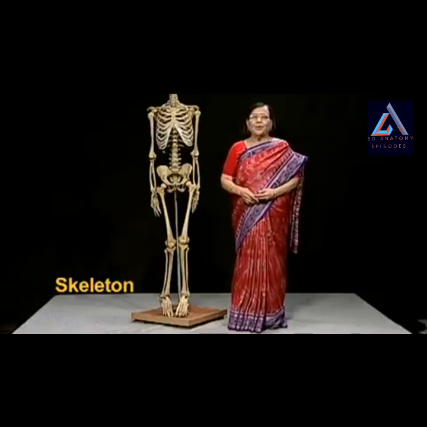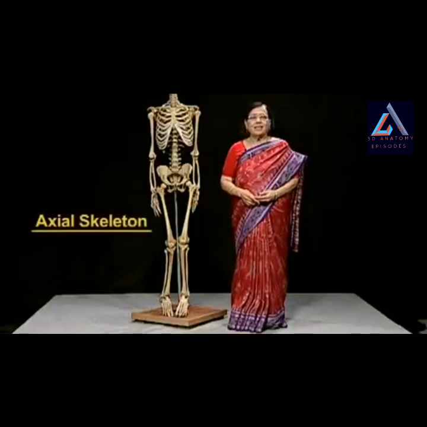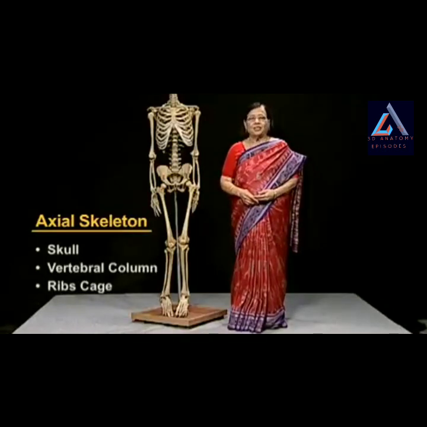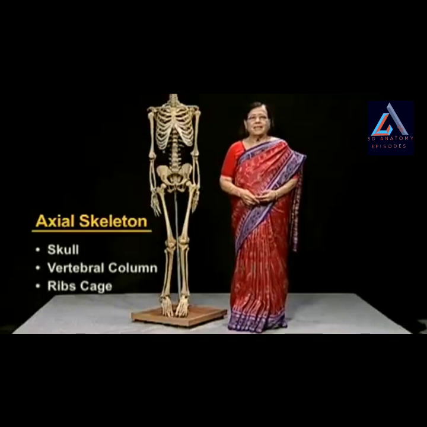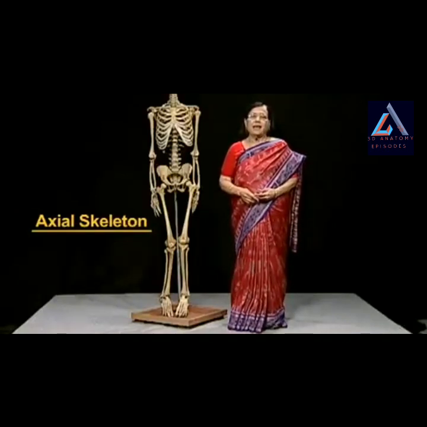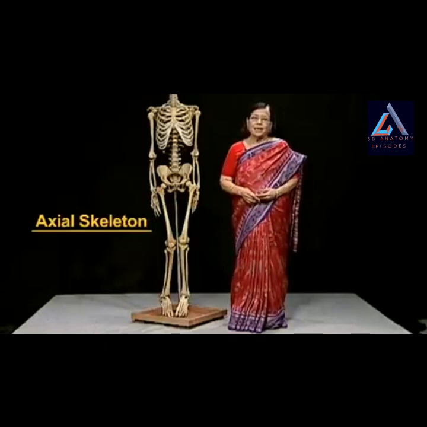As you know, the skeleton has two main divisions: the axial skeleton, which comprises the skull, the vertebral column and the rib cage. As the name indicates, axial means axis. It makes the axis of the body, that is our head, our chest and the vertebral column.